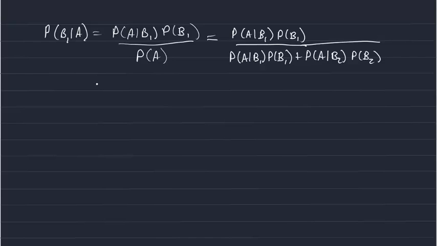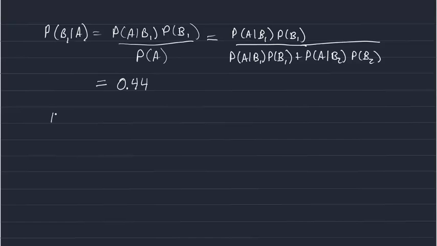If we plug in the numbers that we showed in the previous slide, we get a probability that given a marine fossil downstream, the probability of all marine fossils coming from basin B1 is 0.44.